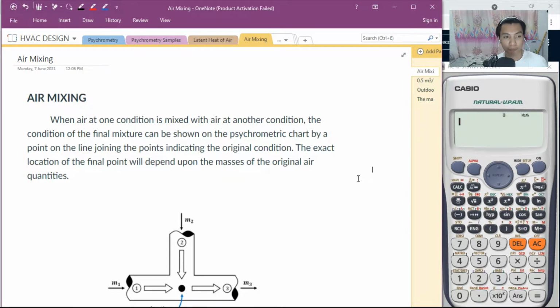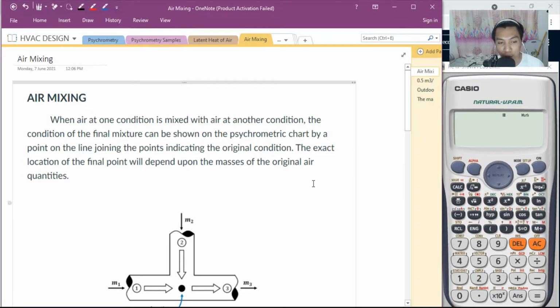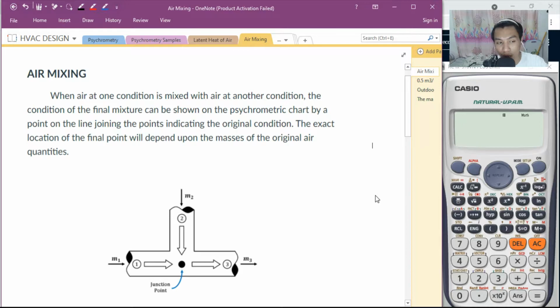Now, yung point on the line joining the points indicating the original condition, okay? Yung after nun, the mixing point. Now, the exact location of the final point will depend upon the masses of the original air quantities. Lahat yan affected by the magnitude of the mass.